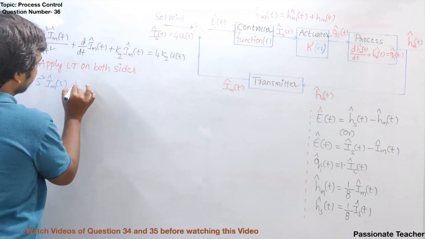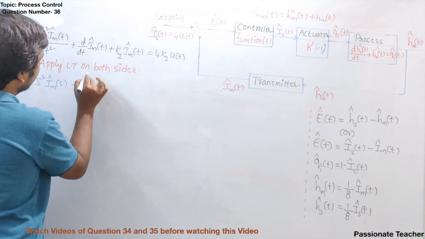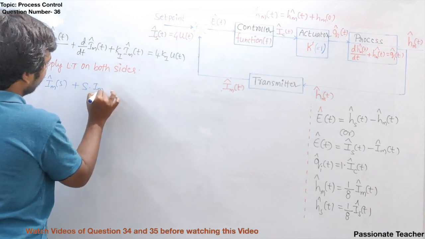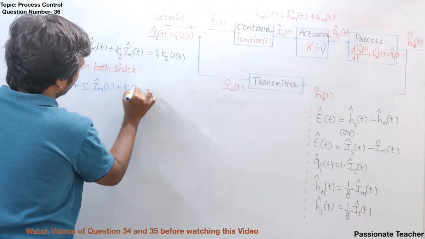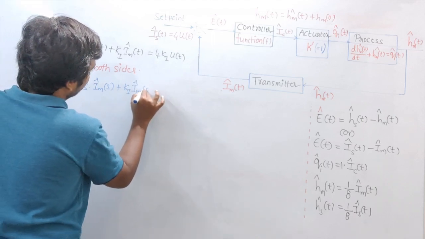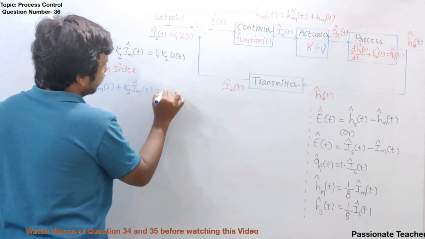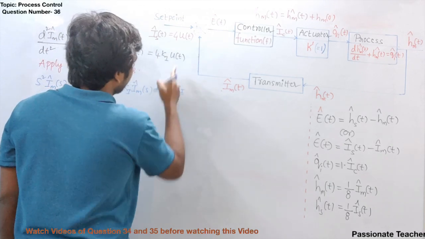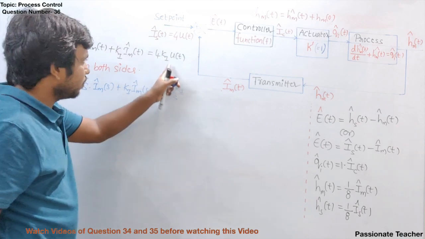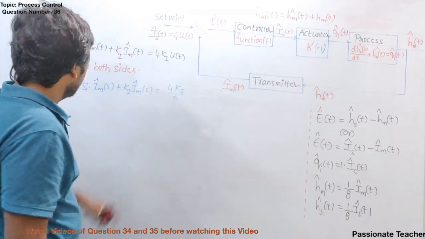So plus s into Im cap of s plus ki into Im cap of s equals 4ki by s, because if you apply Laplace transform to u of t, you are going to get 1 by s.